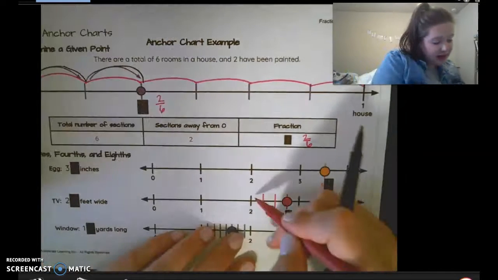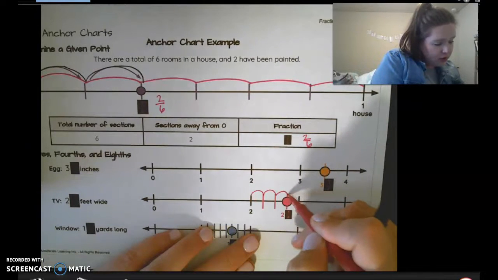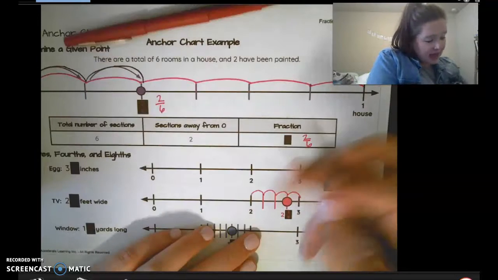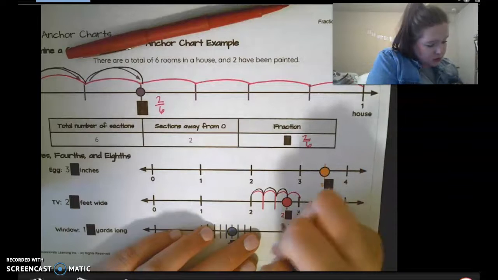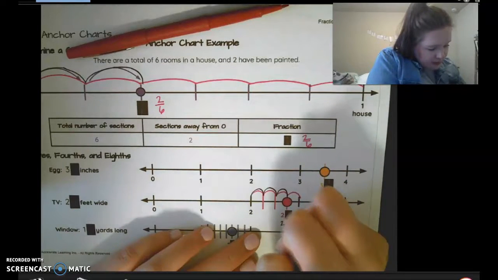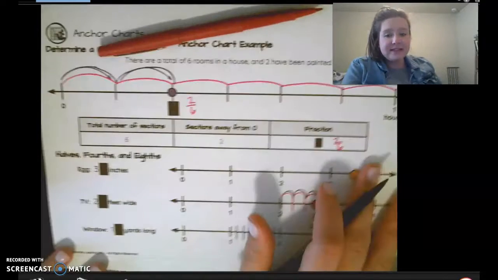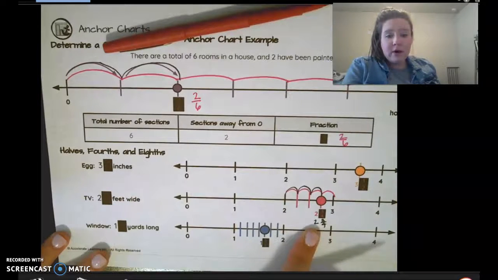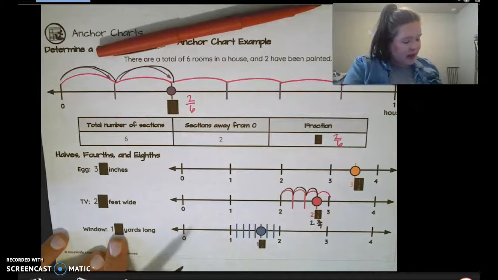And then they divided this up into 4 sections. 1, 2, 3, 4. And they land on 1, 2, 3. So 2 3/4. That's how you write that fraction. That is called a mixed number. You have a whole number and you have a fraction. All right? Same thing here.